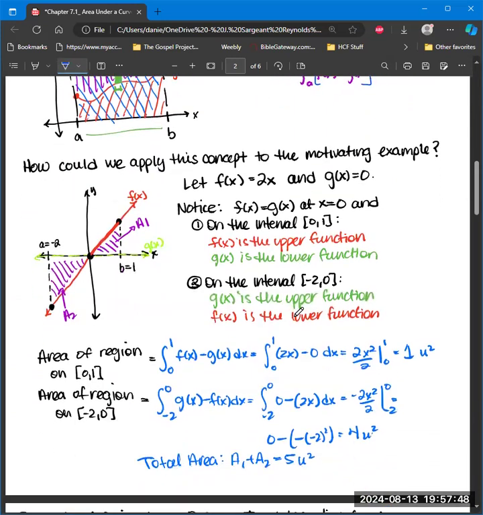We get the same integration and the same answers of 4 units and 1 unit that we add together to get 5 units. We just switched 1 and 2 here. 1 had been over here and 2 over there. They switched places in this example.